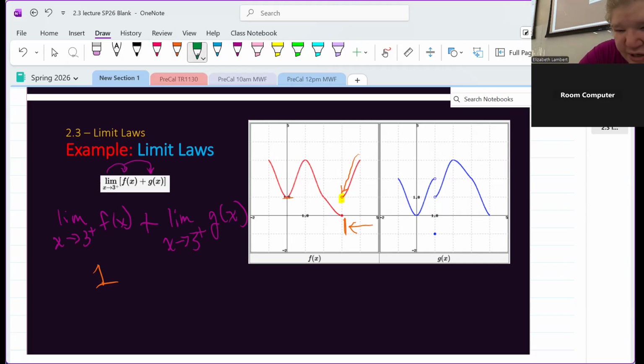Now, same thing for g of x. As the x values get closer and closer from the right, our graph is coming up to this location. And that is a function value of 2.